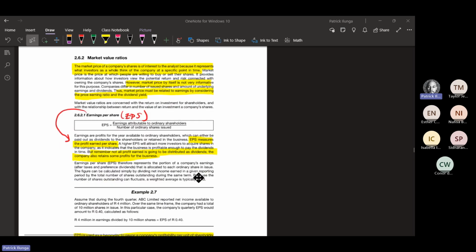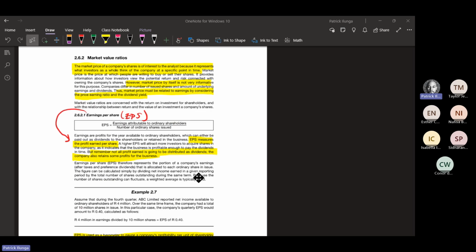EPS, we're taking earnings attributable to shareholders. So when we have our net profit, if they only give you the net profit, remember the last one, the net profit after you have deducted all the costs and expenses, right?